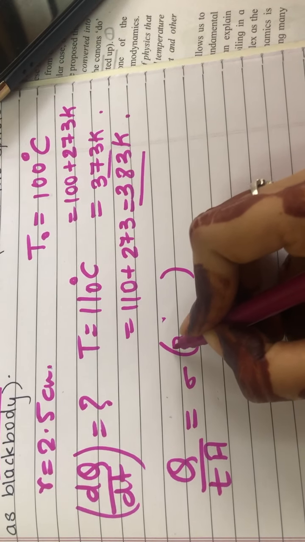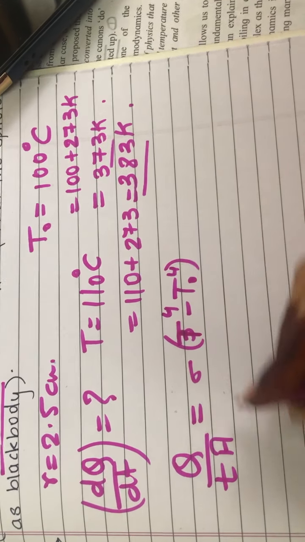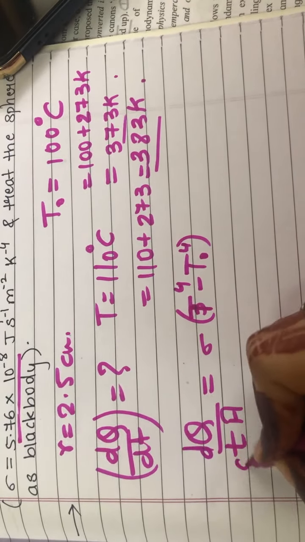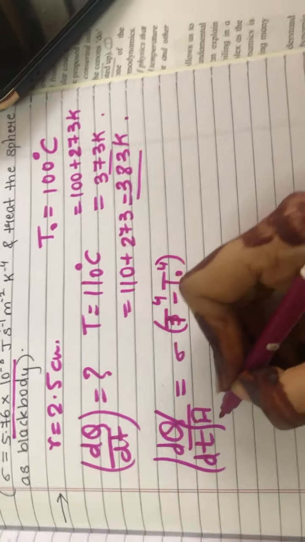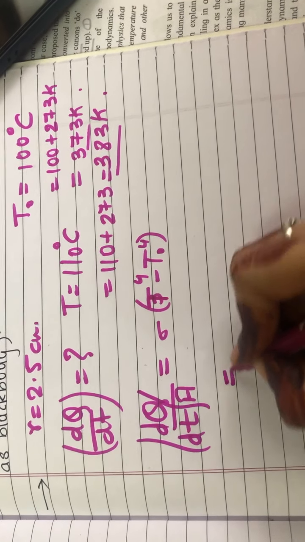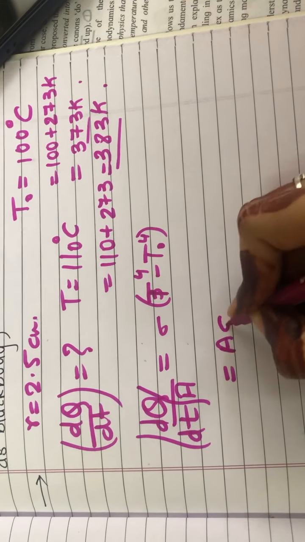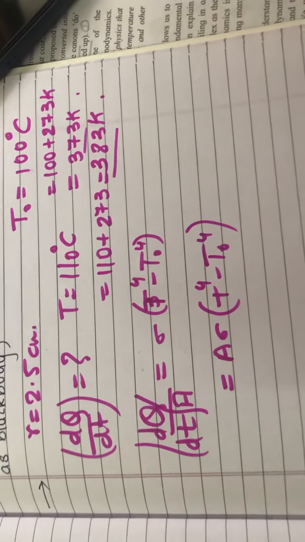So it is T to the 4 minus T naught raised to 4. Now this is dQ upon dt. A will be taken to the numerator on the right hand side. So it is A sigma into T raised to 4 minus T naught raised to 4.